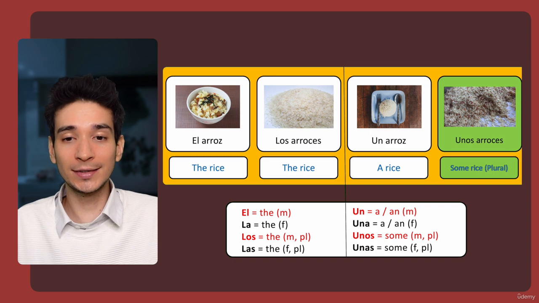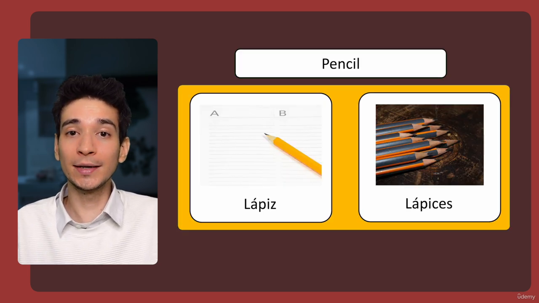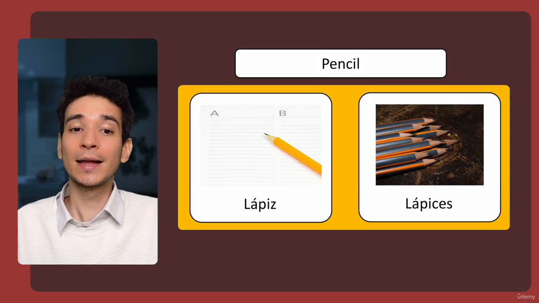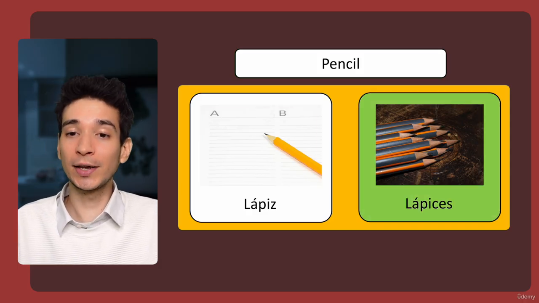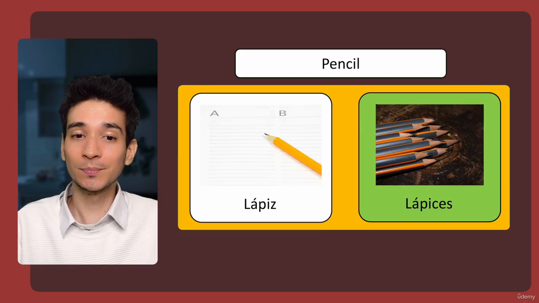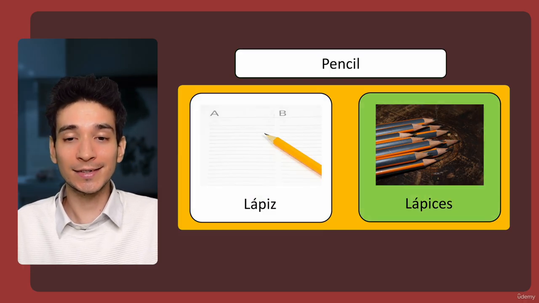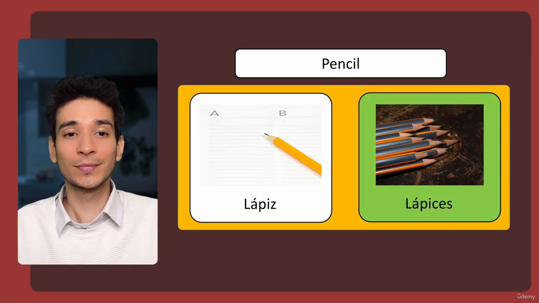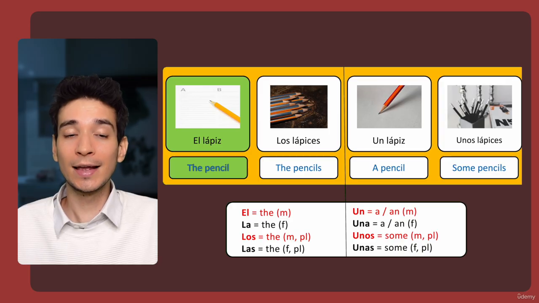Un grano de arroz. And another example would be pencil. Lápiz, if we make it plural, we would say lápices. Lápiz, lápices, pencils. And we can say el lápiz, the pencil.